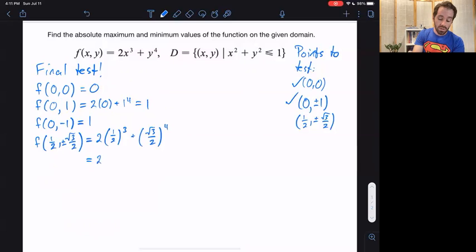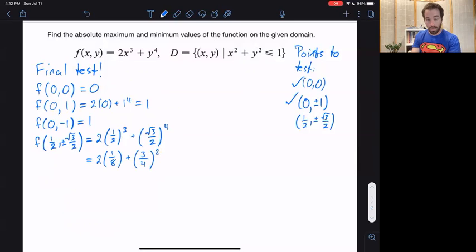This will be 2 times 1/2 to the 3rd power, which is 1/8. And then this will be 3/4 squared. Do you see what happened there? I squared √3/2, but now there's another square left to do. One more step. 2 times 1/8 is 1/4. And 3/4 squared is 9/16.